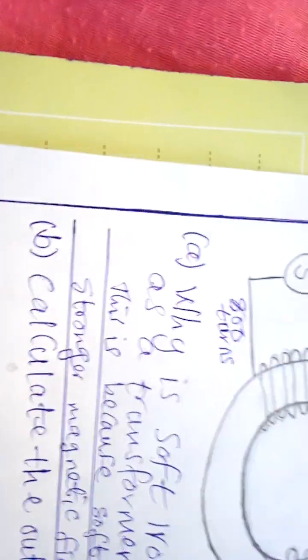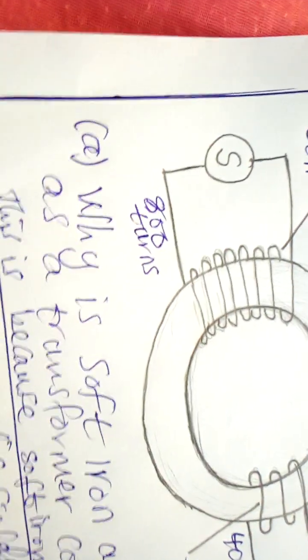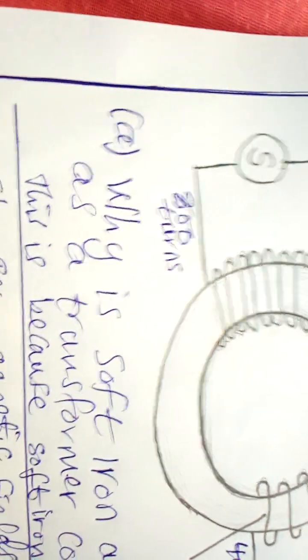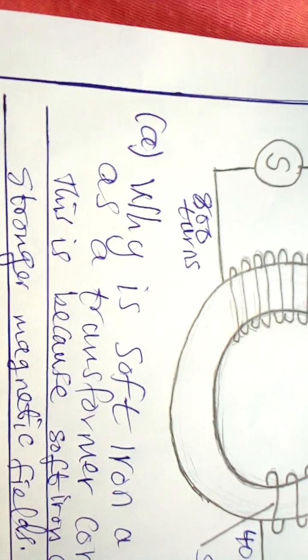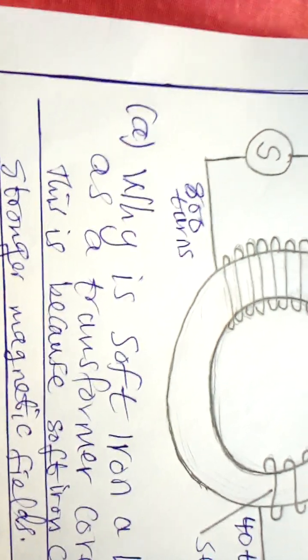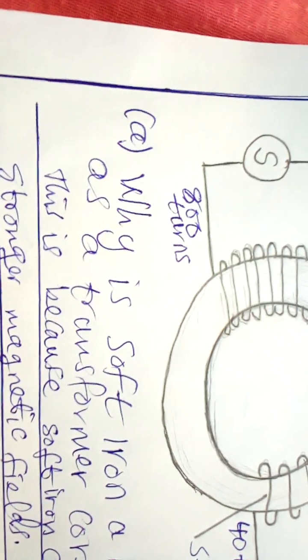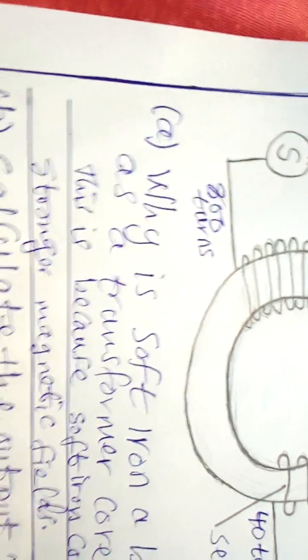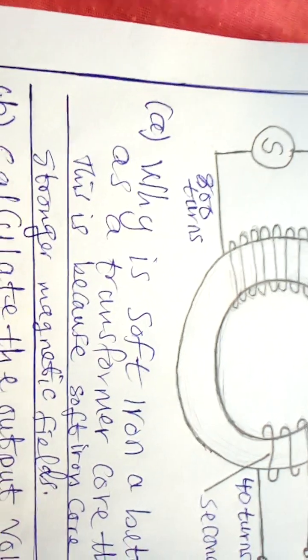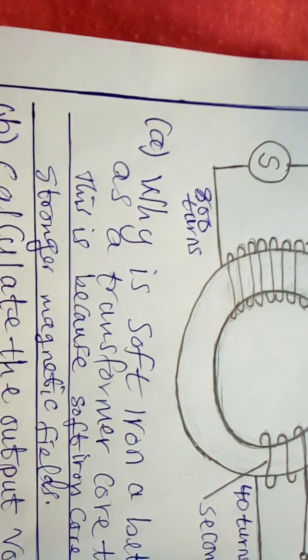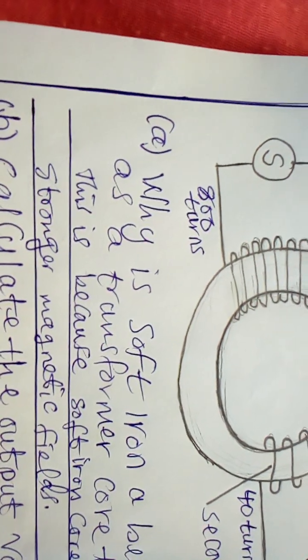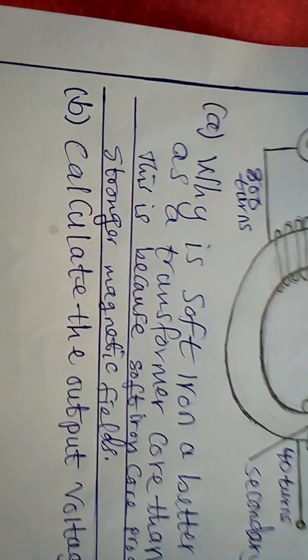Because it creates stronger magnetic fields, which are now used in the production of what? These stronger magnetic fields now enter into the coils in the form of magnetic electric current. So this is our answer.